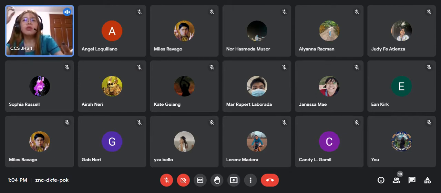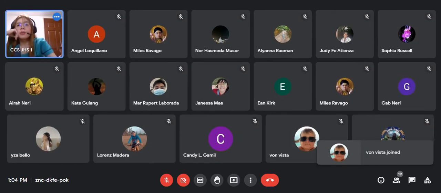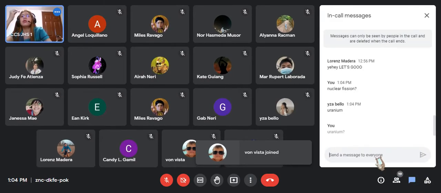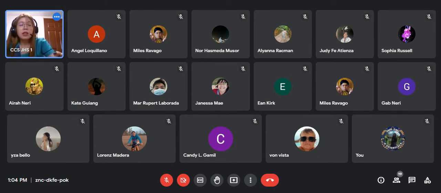What element is involved in nuclear fission? Nuclear fission, the atoms will split. So, what element is present? Okay, very good. Uranium. Correct.